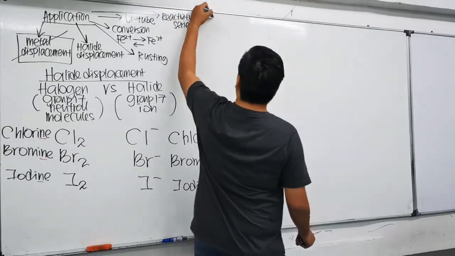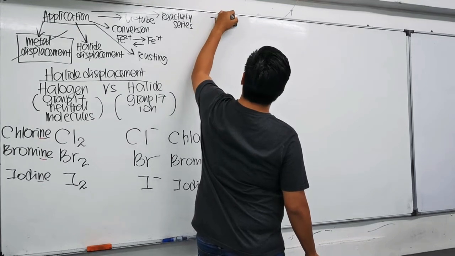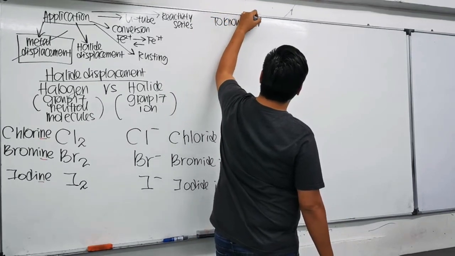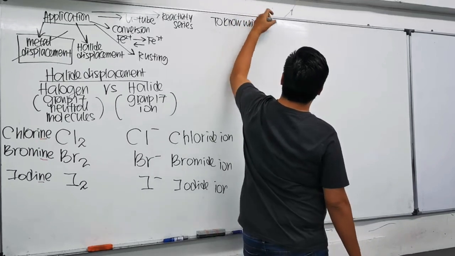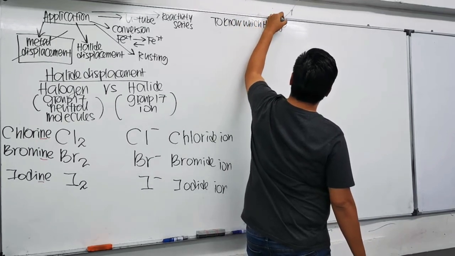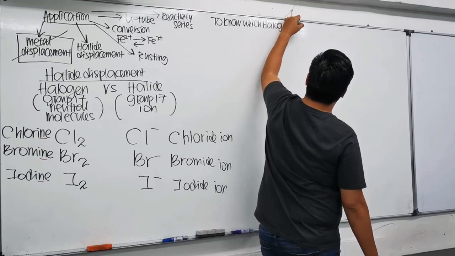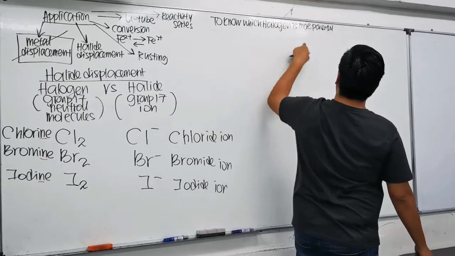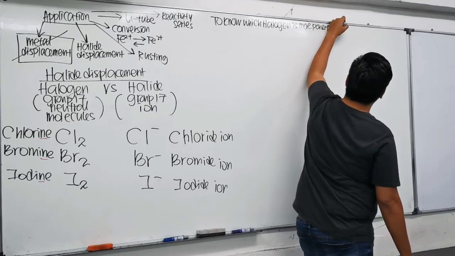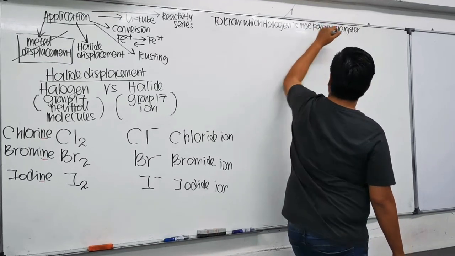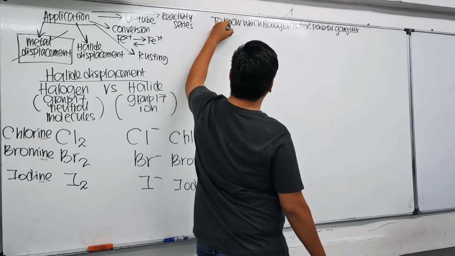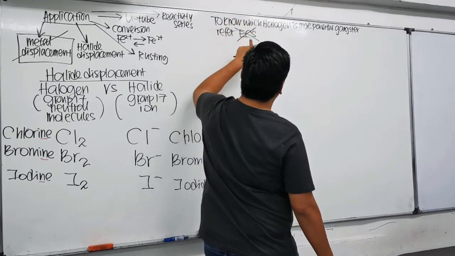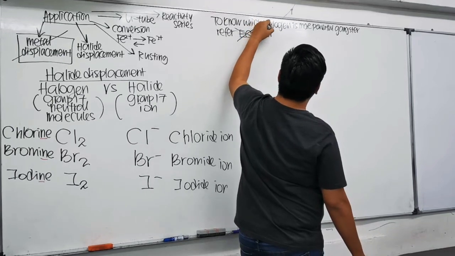Okay, so now in order to know which halide or which halogen is a more powerful gangster, you do not refer to ECS, that is for metal displacement, you refer to the periodic table.